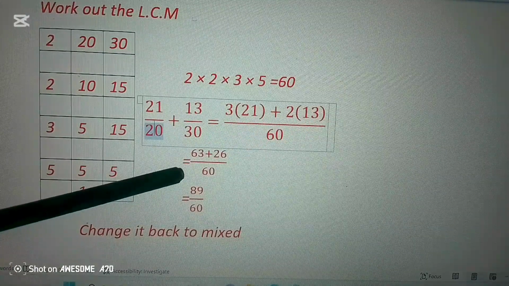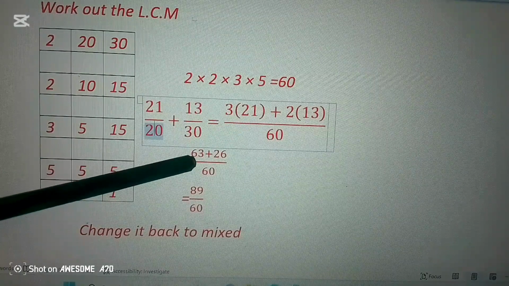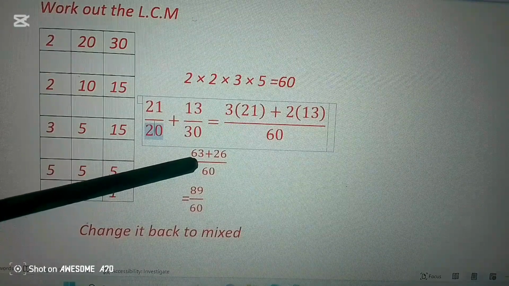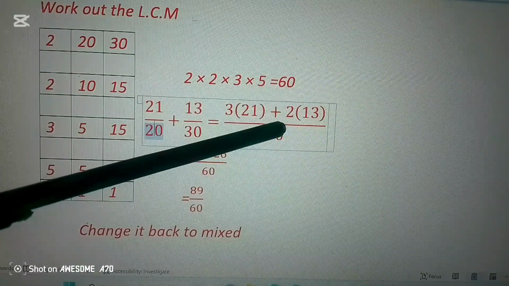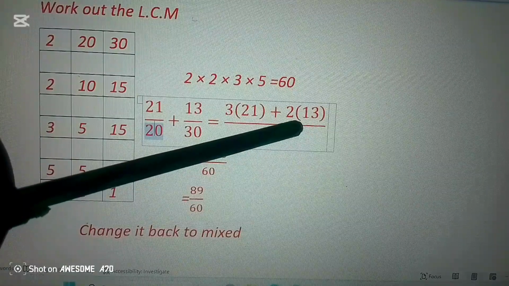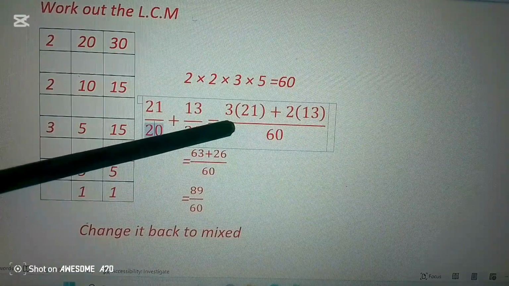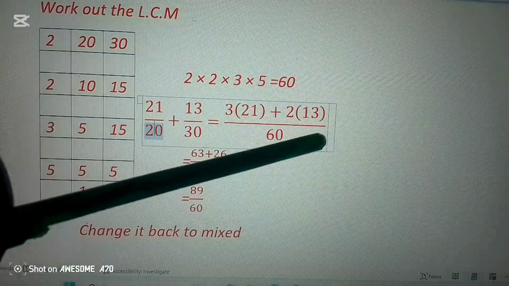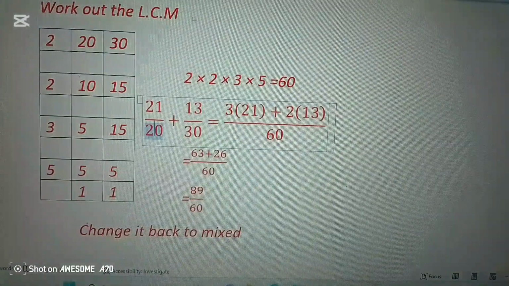So it is 21 times 3 is 63, plus 13 times 2 is 26, over our denominator, which is 60.